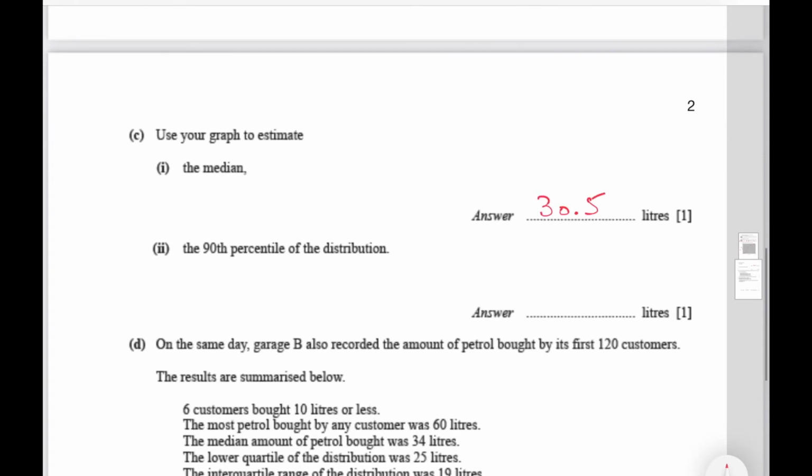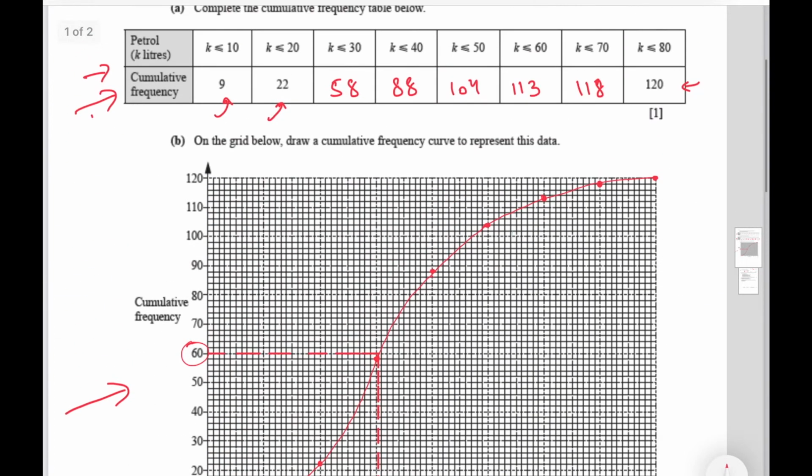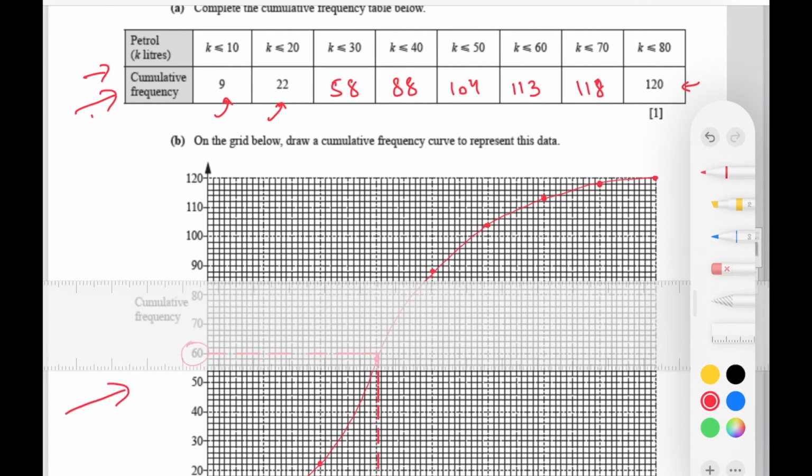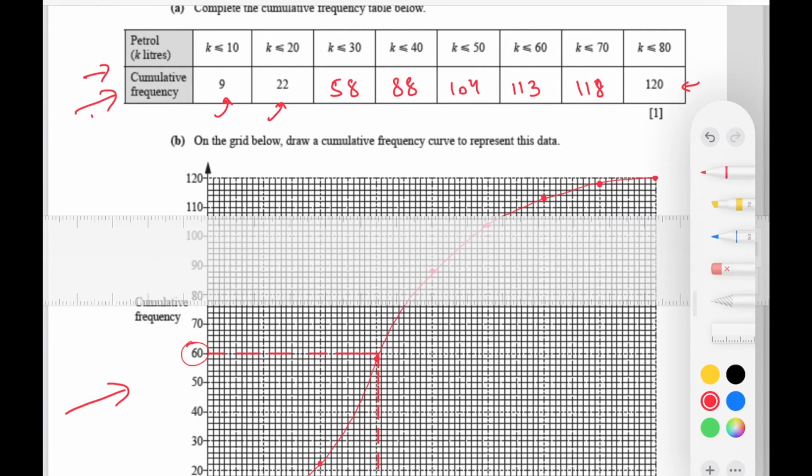The next part says the 90th percentile of the distribution, which means if there are 120 in total, and you multiply that by 90% or 0.9, this gives you 108. That means you draw a horizontal line at 108. So we have 108 over here. Let me be very precise.